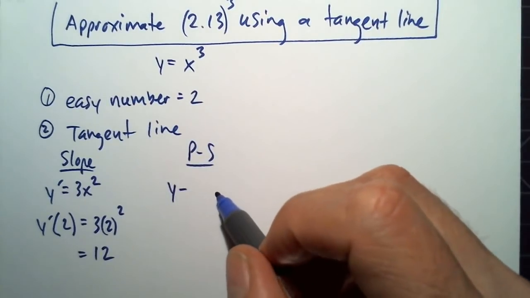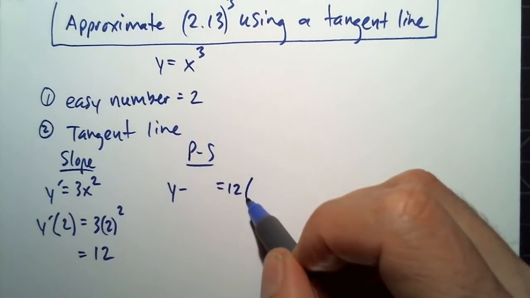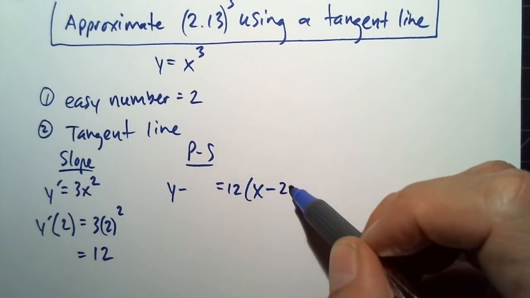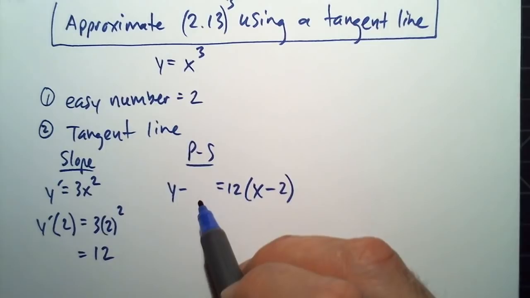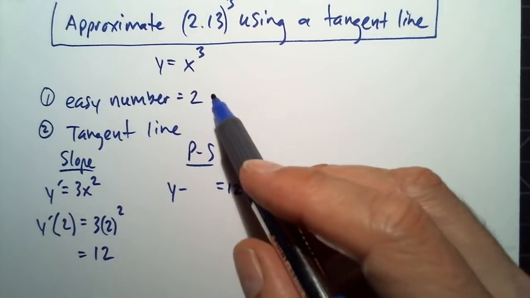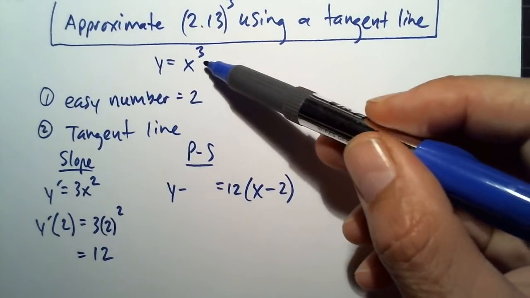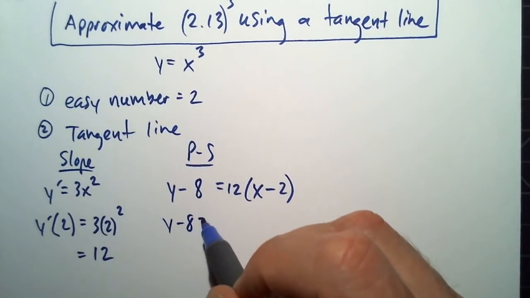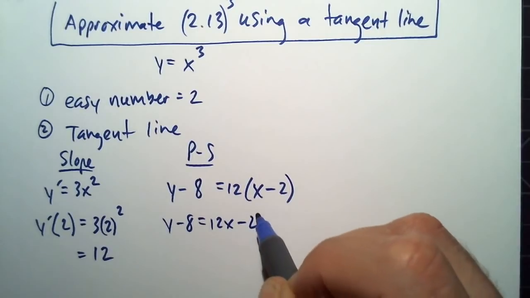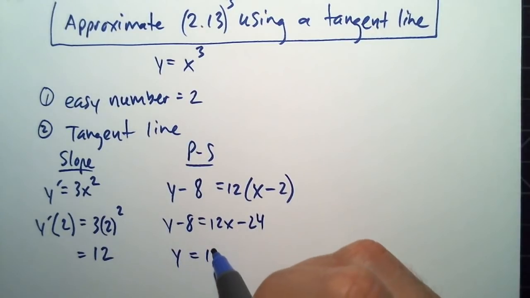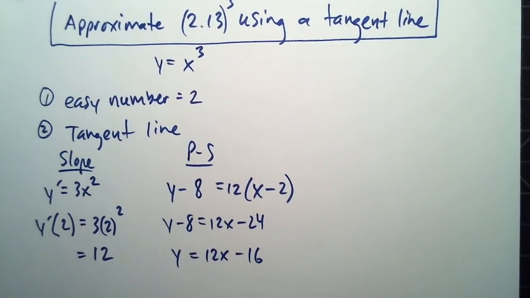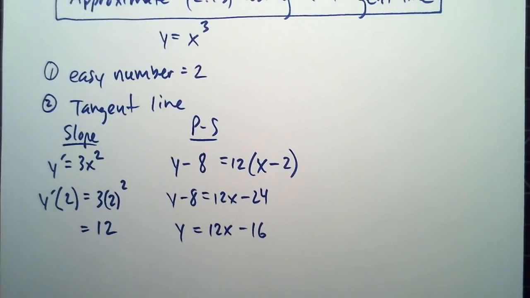Point slope, y minus y1 equals m times x minus x1. We need the y value at 2. The y value at 2 is going to be 2 cubed, 8. Add 8. We have the tangent line.